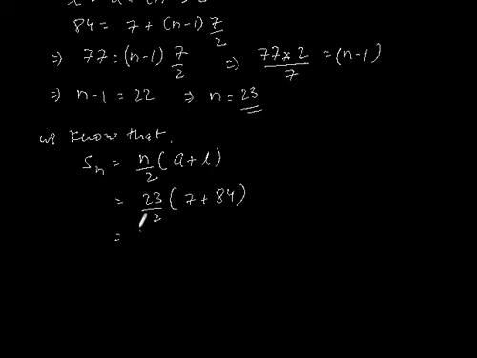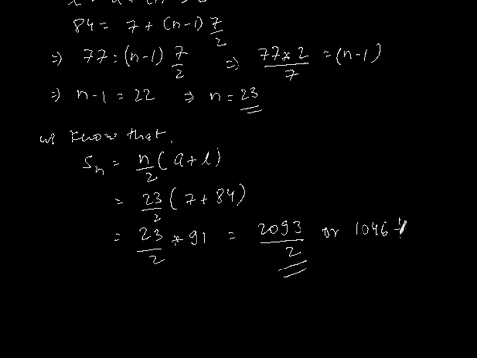This gives 23 by 2 into 91, which is equal to 2093 by 2, which is our answer. Or this can also be written as 1046 1 by 2.